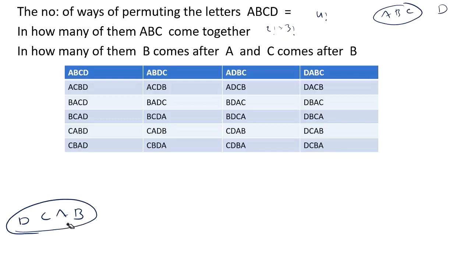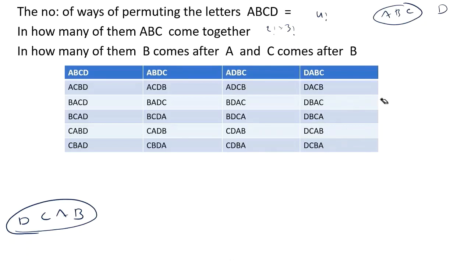But in this arrangement, B comes after A, but C is not coming after B. So I can count this arrangement for the second question, but I cannot count it for the third question. So definitely the number of arrangements in which A, B, C come together is going to be more than the number of arrangements in which B comes after A and C comes after B.